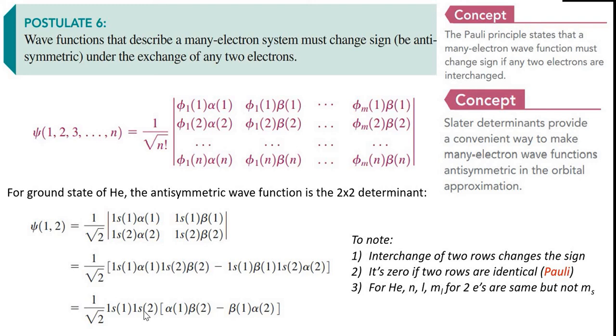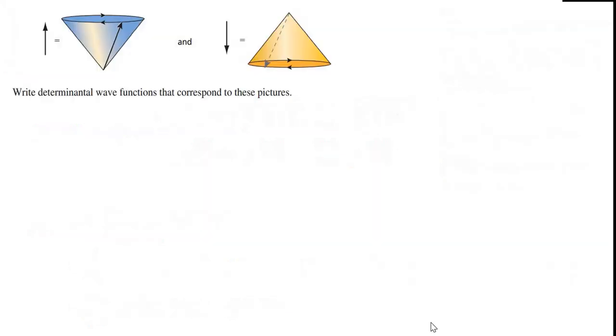So N, L, Ml are all the same, but alpha and beta are different, 1, 2, 2, 1, right? But if you take the two rows identical, then both electrons would have all 4 quantum numbers exactly the same. But that is not against the Pauli exclusion principle, and we get that also from here. So that is all about postulate 6, something new.